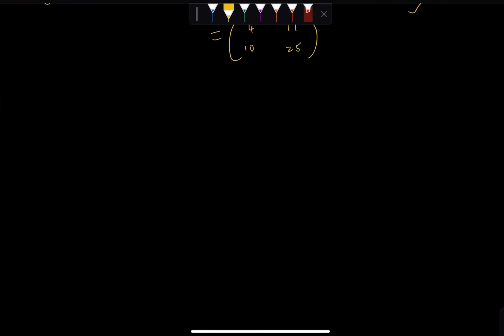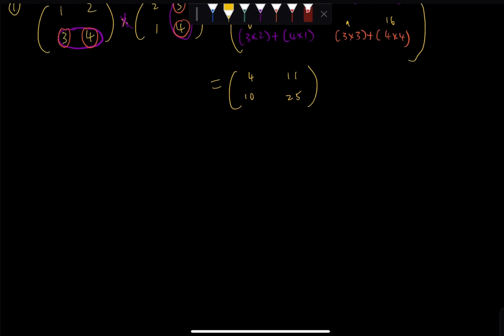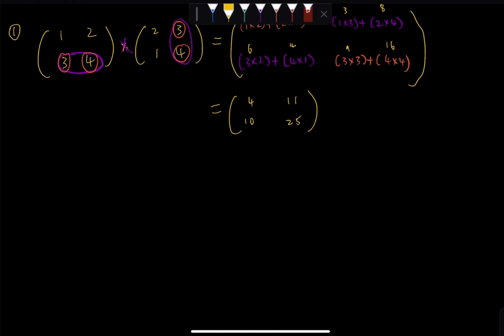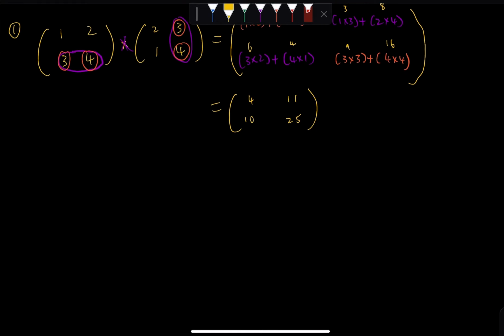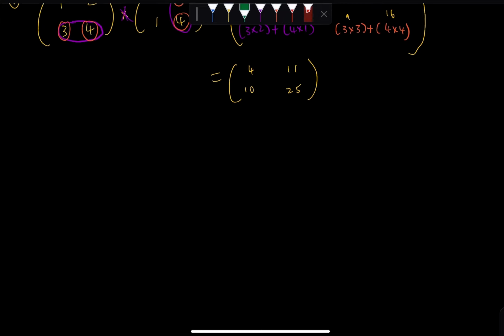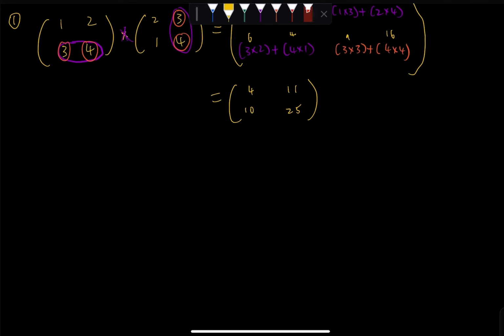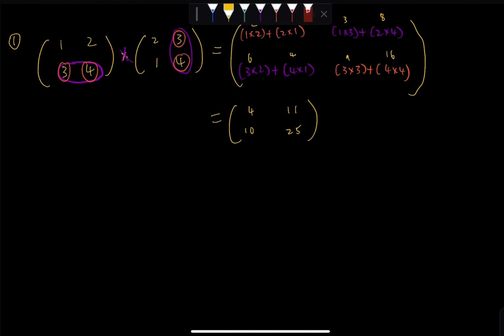Yeah, so that's multiplying 2 by 2 matrices. And in your syllabus, that's all you need to know. A 2 by 2 matrix times a 2 by 2 matrix. That's the biggest that you'll get. As you can see, by multiplying a 2 by 2 matrix by a 2 by 2 matrix, you're looking at the rows of the first matrix and the columns of the second matrix.